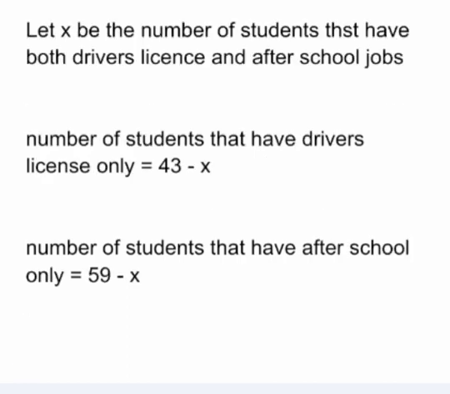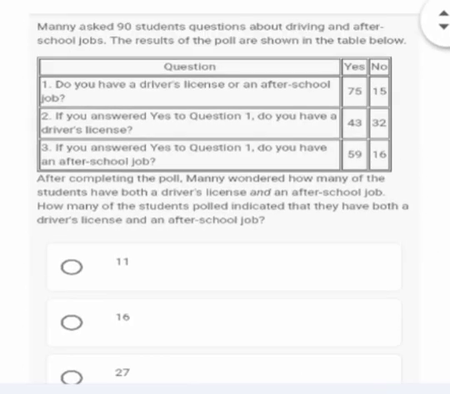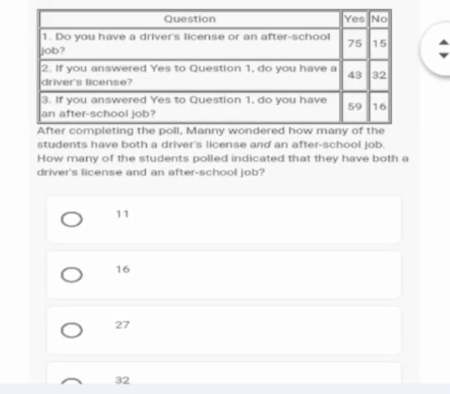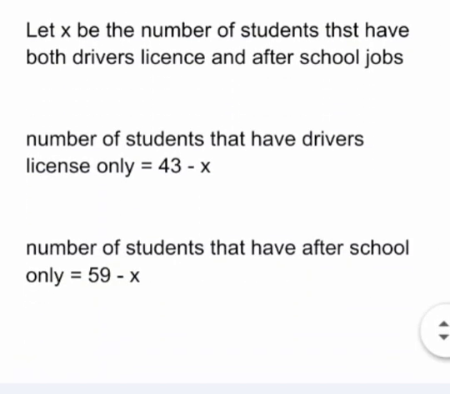Again, the number of students that have after school jobs only will be 59 minus S, because 59 students have an after school job or both. So it's 59 minus the number of students that have both a driver's license and an after school job.